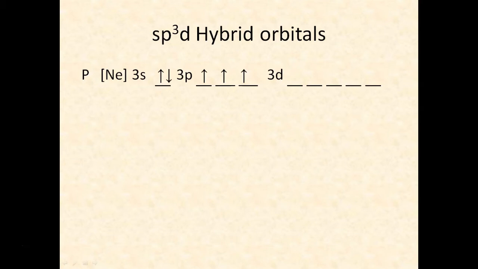But because it has access to d orbitals, it could also hybridize in a second way. And the reason it has access to d orbitals is because its valence energy level is the third energy level, and when n equals 3, I can have s, p, and d.